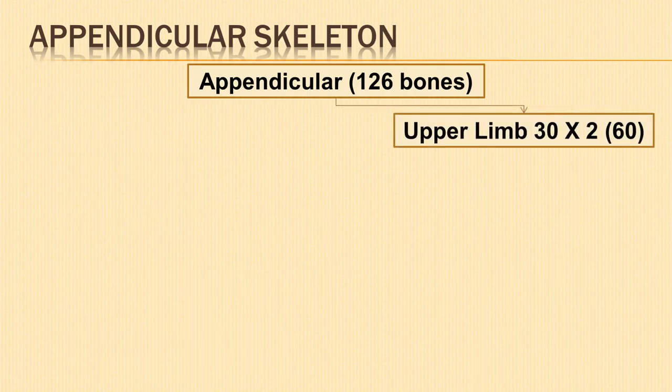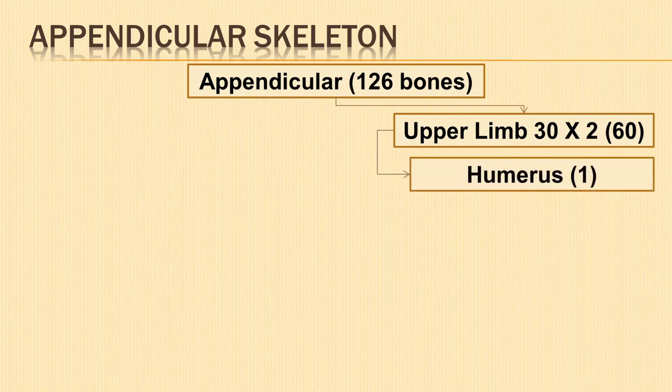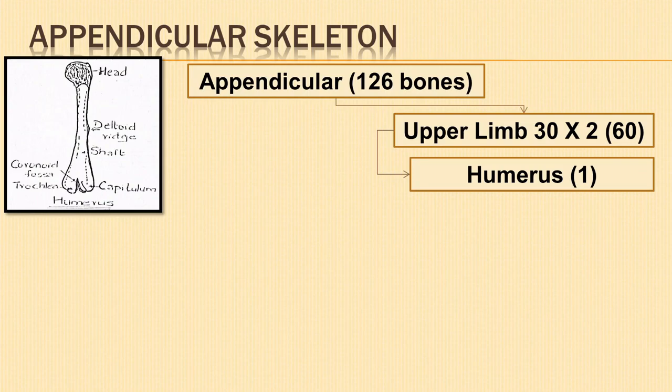Each upper limb consists of 30 bones. The bone of the upper arm is the humerus, which is elongated. The head of the humerus articulates into the glenoid cavity of the pectoral girdle by a ball and socket joint.